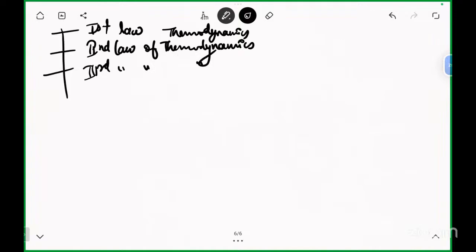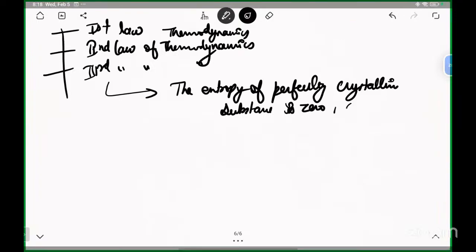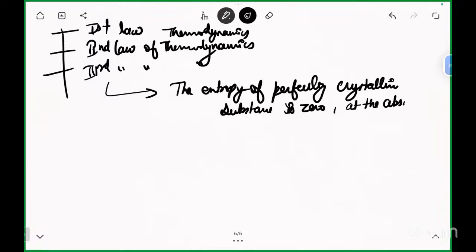The third law of thermodynamics states, and this is important, the statement can be asked: the entropy of a perfectly crystalline substance is zero, but the condition is at the absolute zero of temperature, that is minus 273 degrees Celsius.